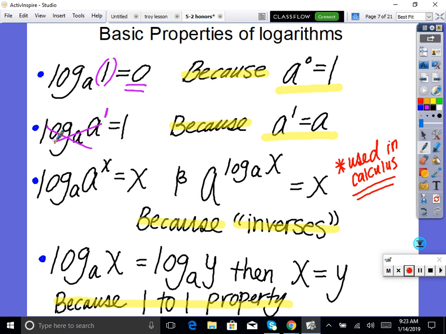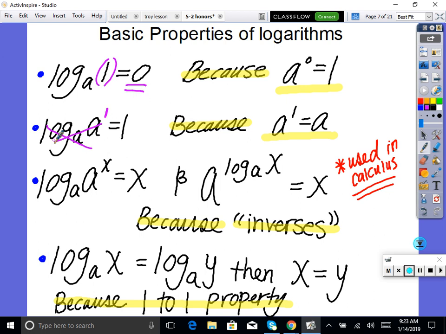So this makes sense then. Log base a of a to the x. Won't those cancel out, giving me x, right? So it's pretty easy. Then also, a raised to the log base a of x: aren't they inverses of each other? If they undo each other, then it will simplify to be x, or whatever is inside. Those happen because they're inverses of each other.